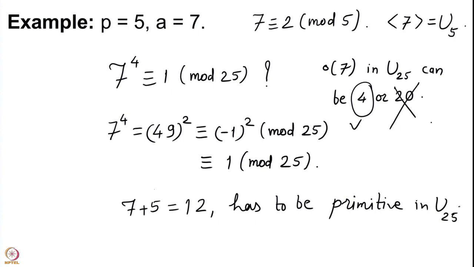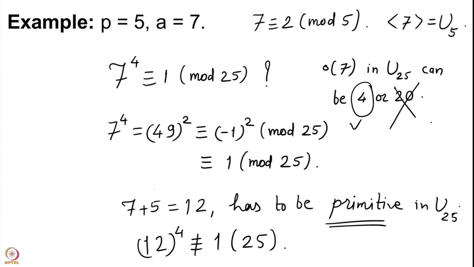This is something that you should check. What you should check is that 12 to the power 4 is not congruent to 1 modulo 25. Once you check this, then this will be proved. So, this is a very simple example which tells how we can compute the primitive roots.